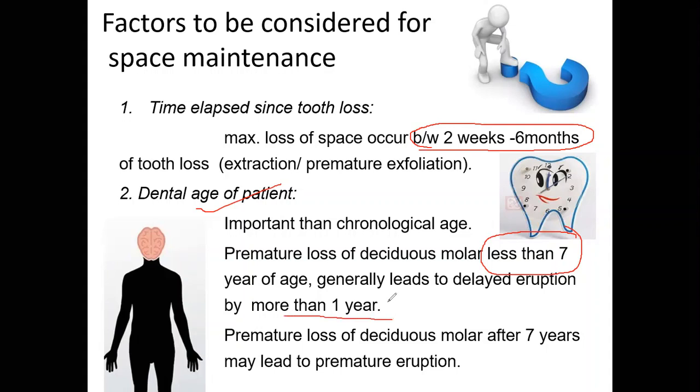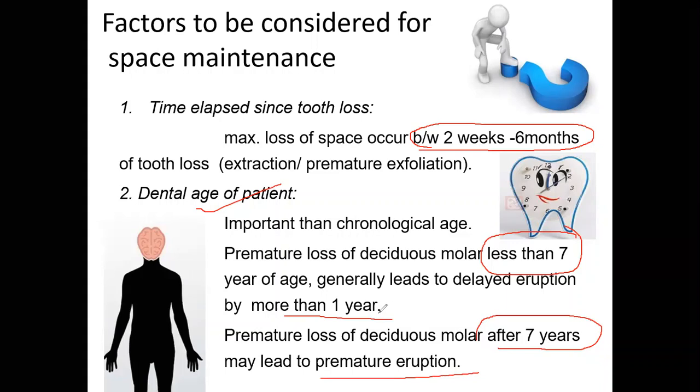Premature loss of a molar at the age below 7 generally leads to delayed eruption by more than 1 year. And if the premature loss of a deciduous tooth is after the age of 7, it may lead to premature eruption.